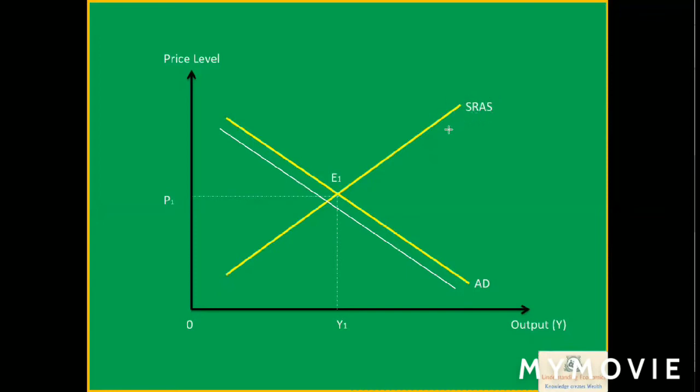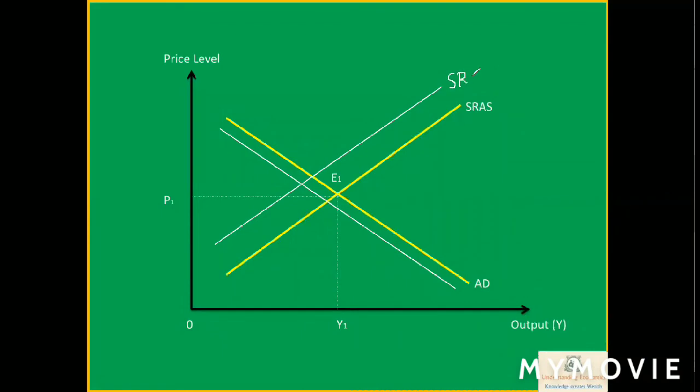The only information available is that there is a decline in both aggregate demand as well as aggregate supply. Now if we take a smaller decline in aggregate demand but a larger decline in aggregate supply, let us see how the equilibrium level of output and price change.